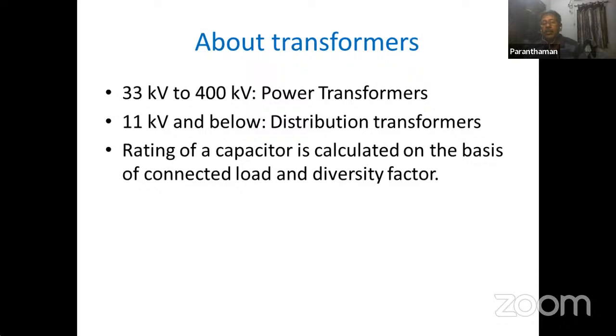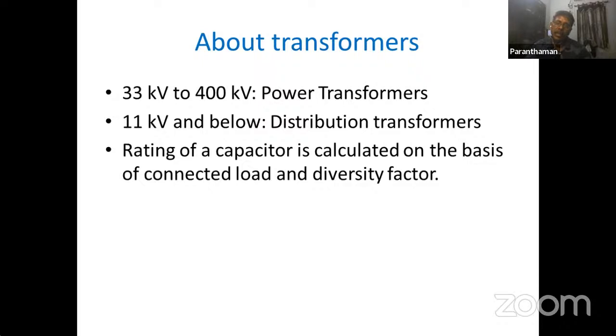What's the reason? It is due to diversity, because all the loads will not be run at the same time. The fridge will be running all day, but the bore pump will not. Am I right, sir? So here comes the diversity factor.